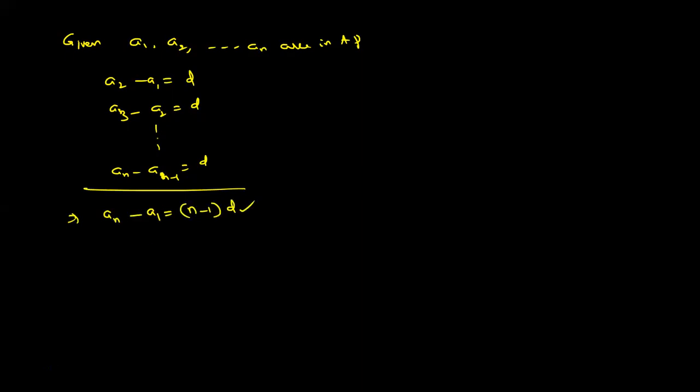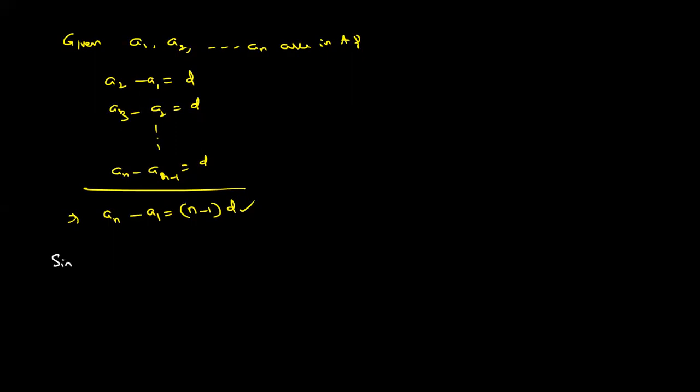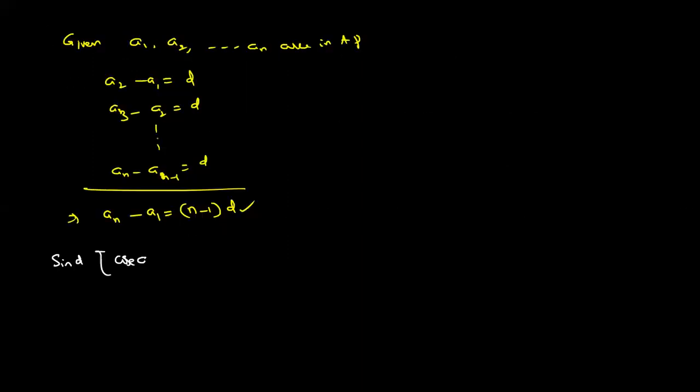So this point is very, very important, dear students. Now, come to the question. Sin D into cosecant A1 cosecant A2 plus cosecant A2 cosecant A3, and so on, cosec AN into cosec AN minus 1.